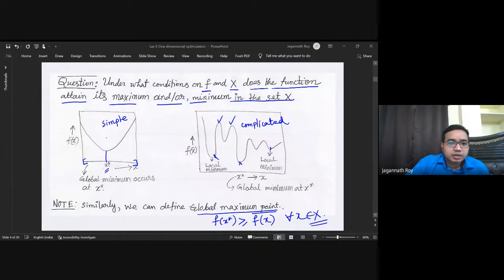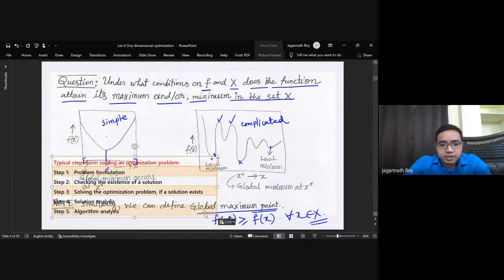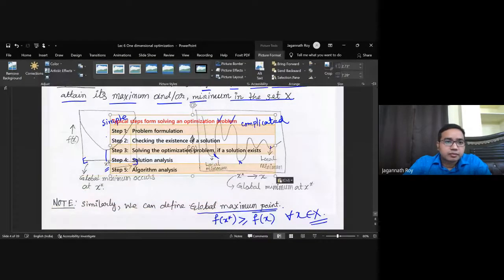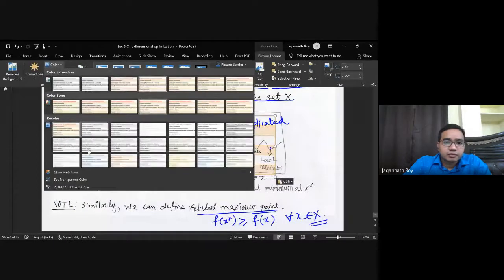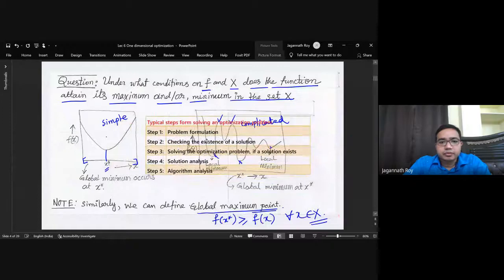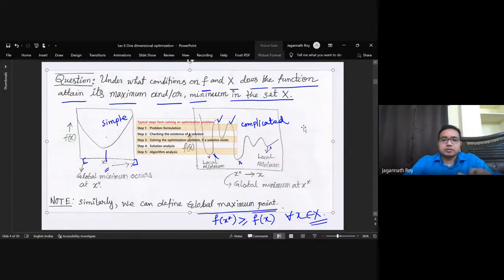If you remember, I mentioned, I think in the second lecture, that we should talk about the existence of a solution. So there were 5 steps, and according to those 5 steps, we check the existence of a solution.